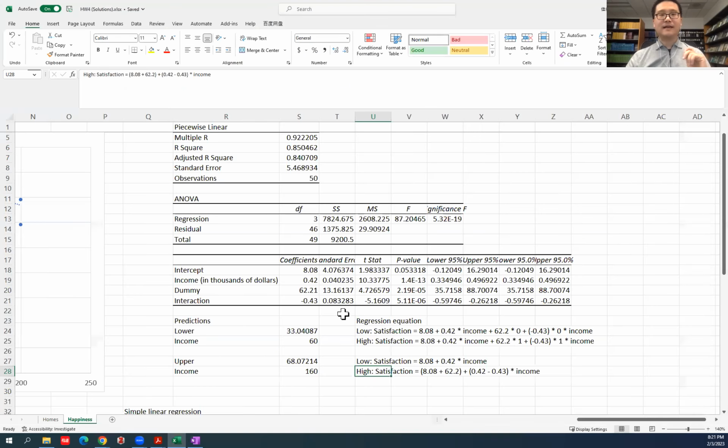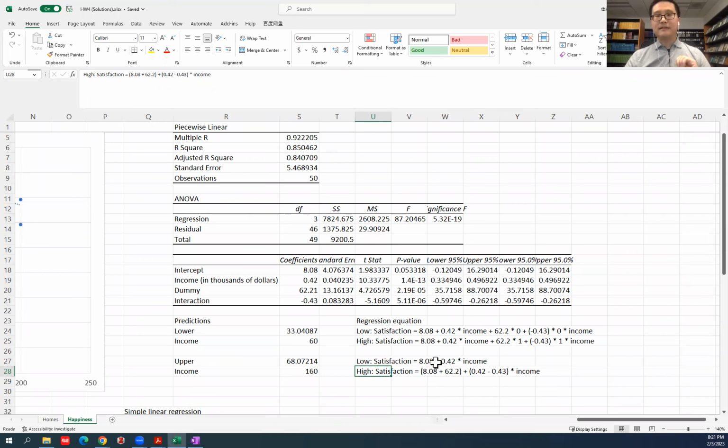Because here it's negative in the interaction term. The effect of income decreased from 0.42 to negative 0.01 in every dollar of income. Well, in every $1,000 of income on life satisfaction score.